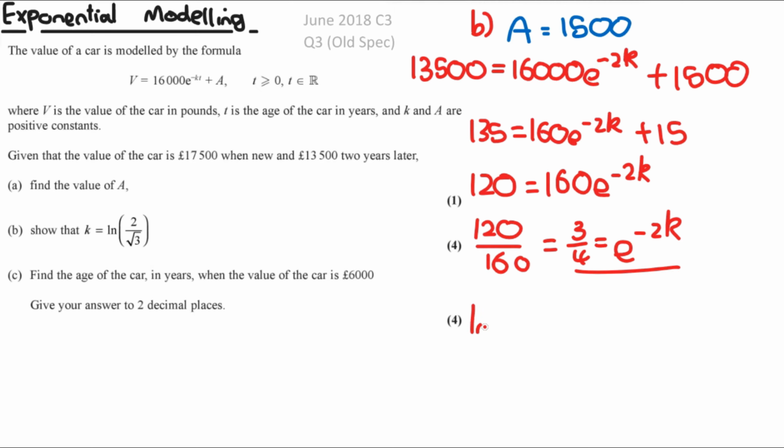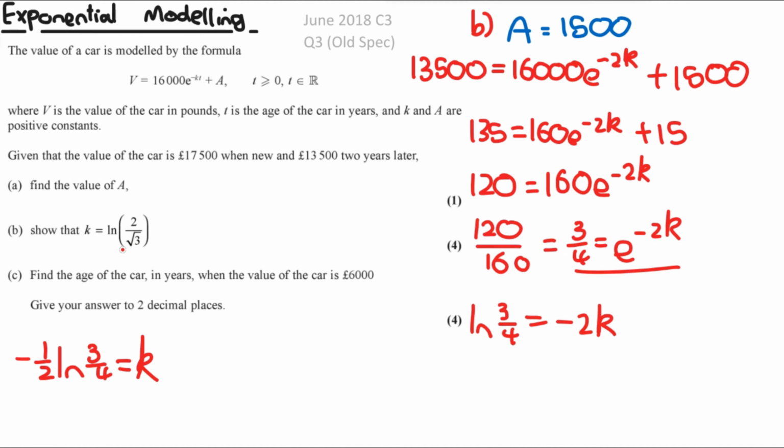It's going to be the natural log of 3 over 4 is equal to the natural log of e to the power of minus 2k, which is just going to be equal to minus 2k. And then divide both sides by minus 2 to get minus a half of the natural log of 3 over 4 is equal to k.